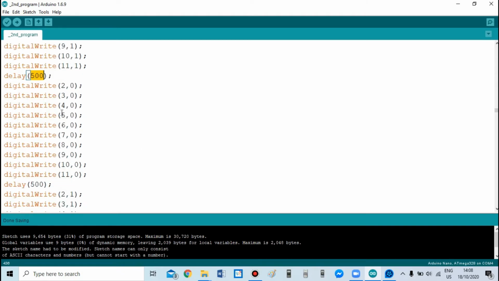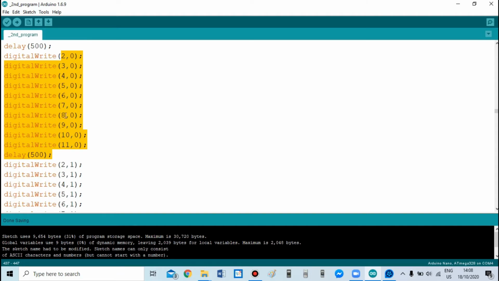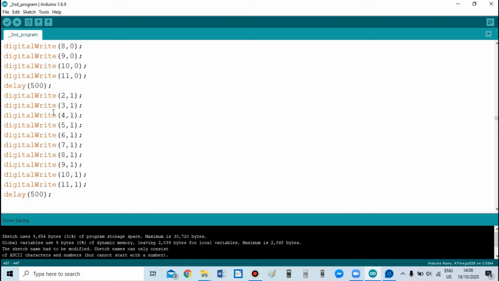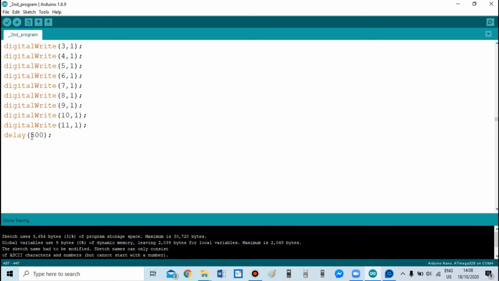After that, the 2 number, 3 number, 4 number pins and all of them get low, and this continues for 500 millisecond. After 500 millisecond, the process continues. This is the end of the second part.